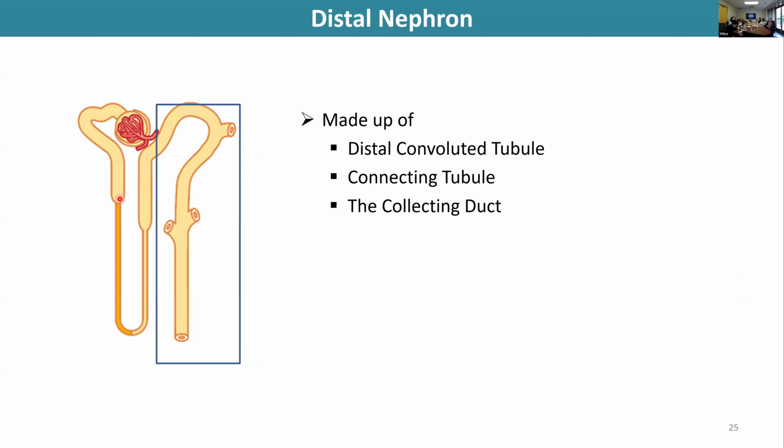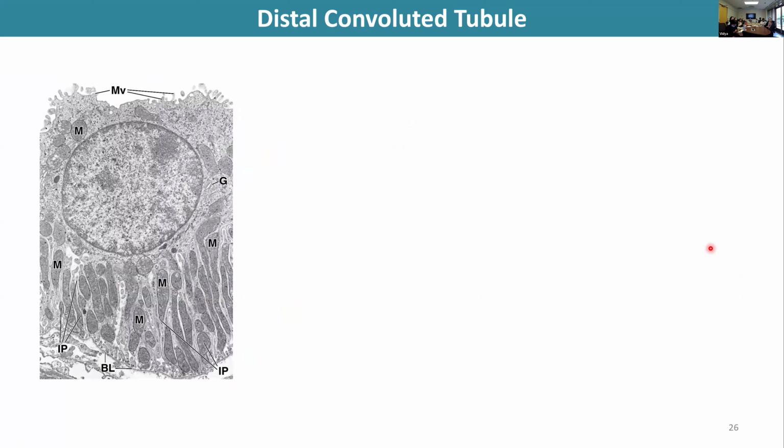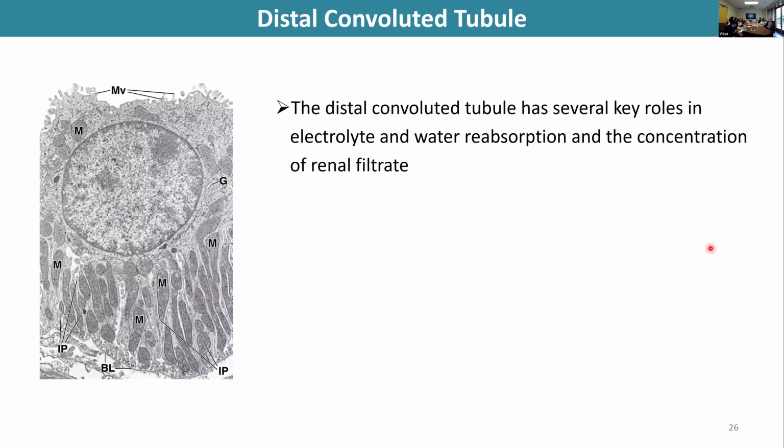And the next thing is the distal nephron here. So this is the distal convoluted tubule, the connecting tubule and the collecting duct. And here the distal convoluted tubule again has a role in water reabsorption and also in concentrating the renal filtrate.